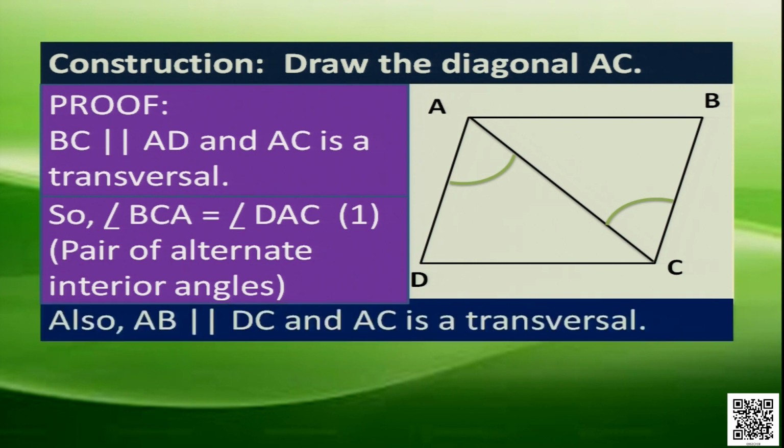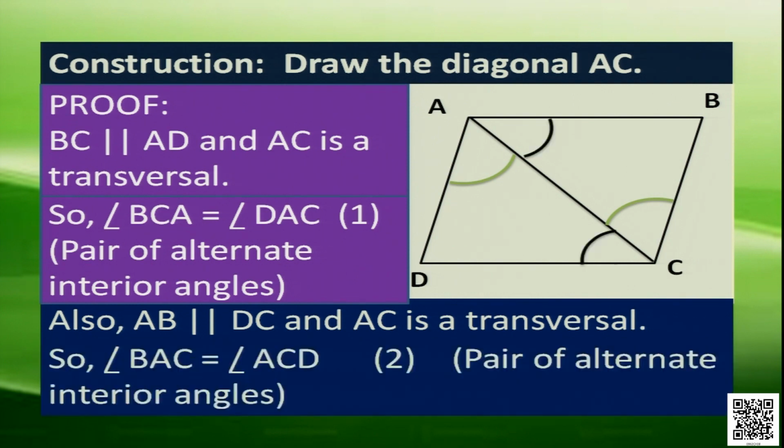Similarly, we have AB is parallel to CD and AC is the transversal. So, other pair of alternate interior angles are angle BAC and angle ACD. So, we can name these equations as equation 1 and 2. Now, let us see.